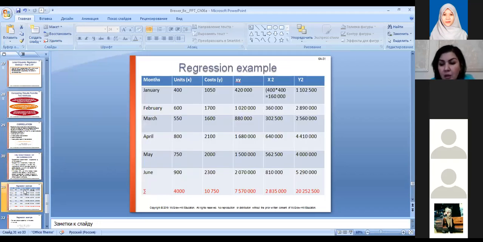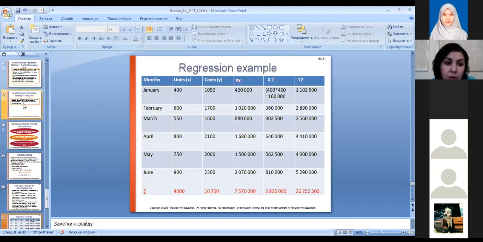Let's now look at the example, a regression example. Okay, so we have a number of units and costs associated with this number of units. In order to use the regression method, we need to apply the formula.